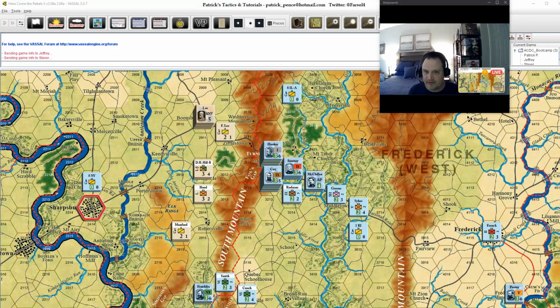What you're seeing on our screen is scenario number 2 from Here Come the Rebels 2, which is the re-release and repackaging of the second title, Here Come the Rebels, and the third title, Roads to Gettysburg. So you get both the Antietam Maryland campaign and the actual Gettysburg campaign, the 2 invasions of the North.